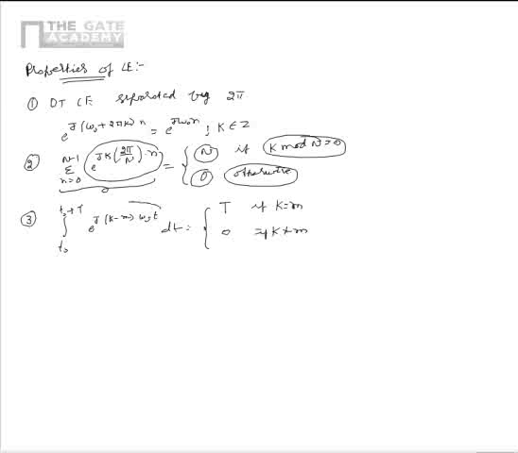From this we see that for a given continuous time complex sinusoid, the integration over t0 to t0 plus T is capital T if k is equal to m, and 0 if k is not equal to m.